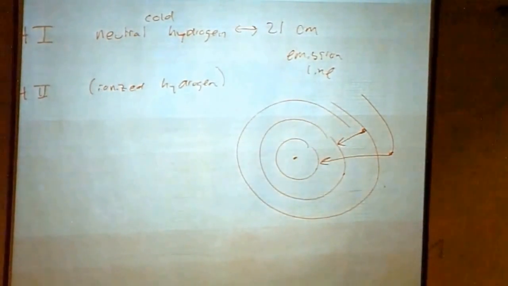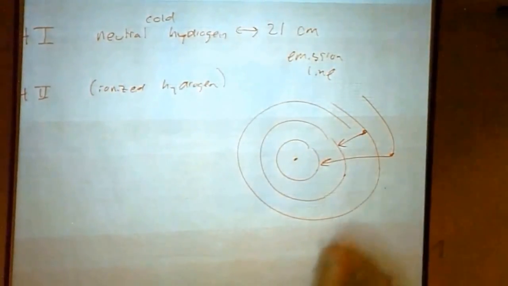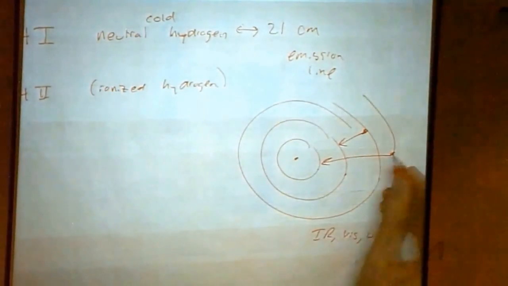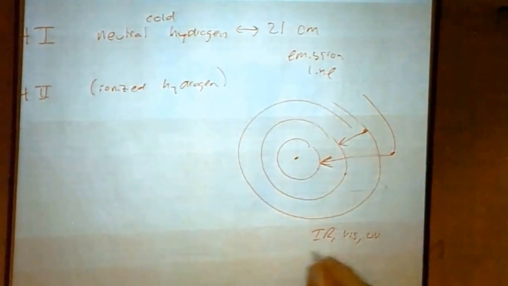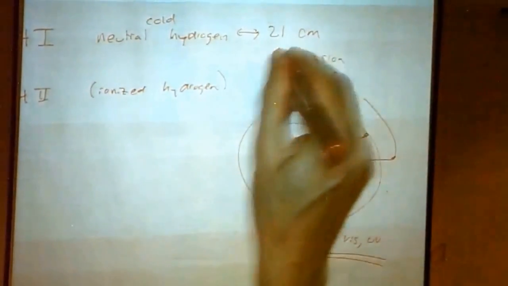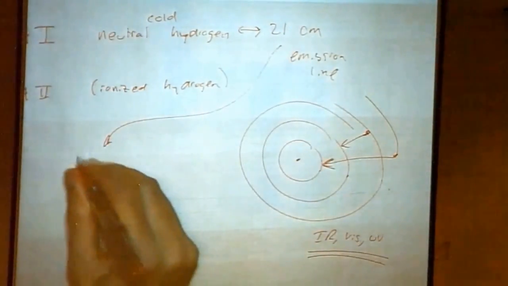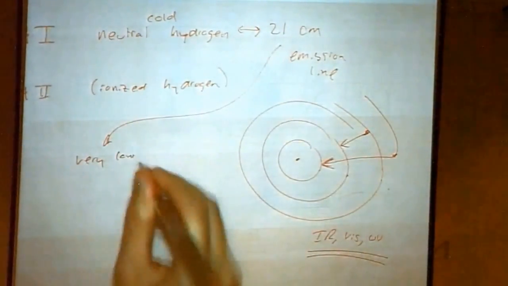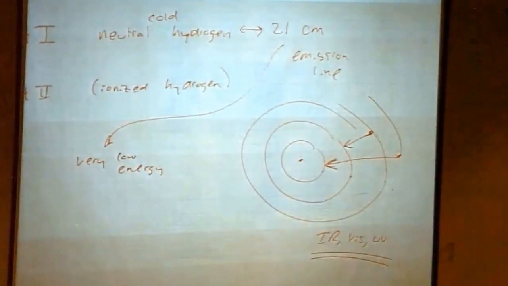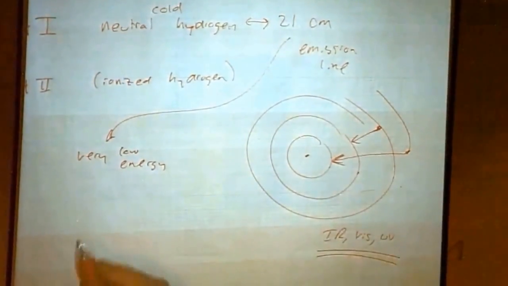It gives off light, and it tends to be in the infrared, the visible, or the ultraviolet, because these are big energy transitions, and so you get these high energy photons. Radio, low frequency, low energy. So the 21 centimeter emission line is very low energy, lower than you're going to get from any transition between orbital levels. So this is a really subtle effect.